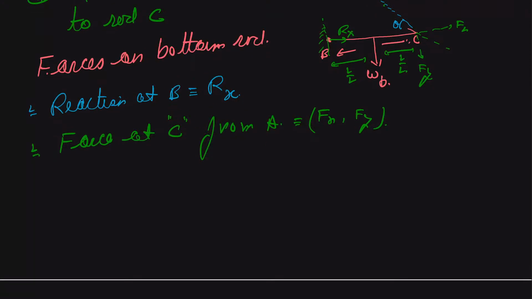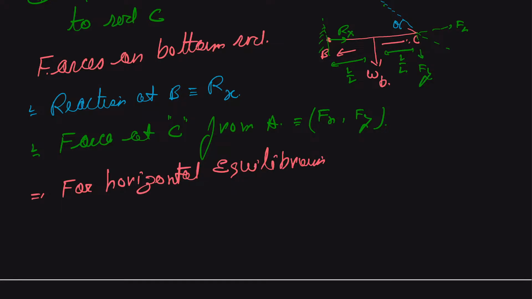So for horizontal equilibrium, we can write that F of x plus R of x is equal to 0. Therefore, we can say that F of x is equal to minus R of x.